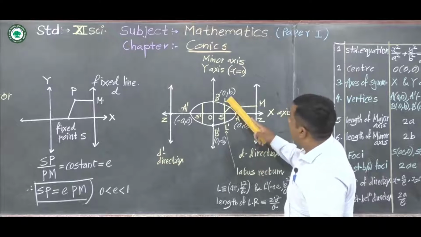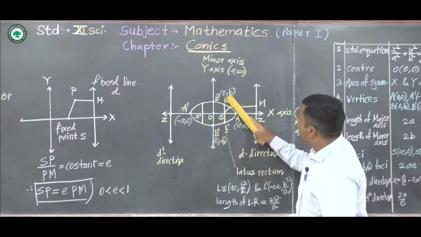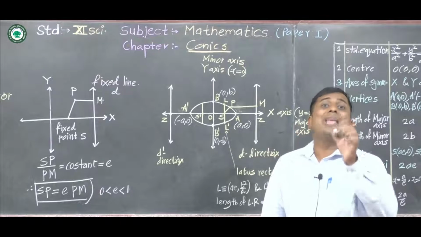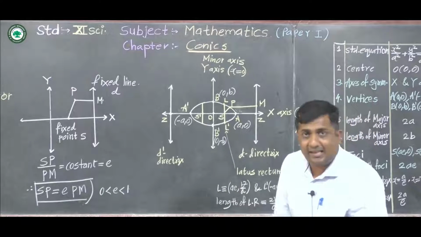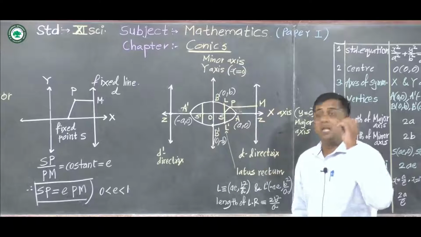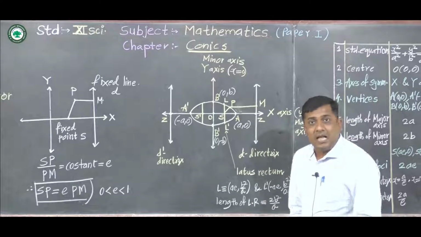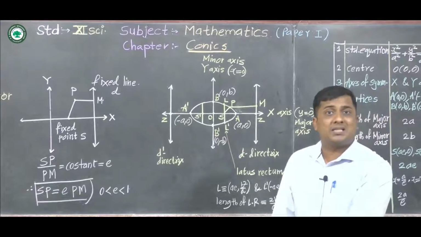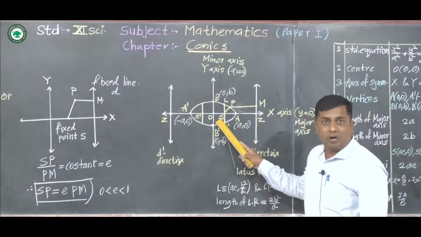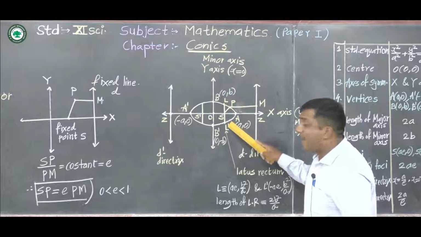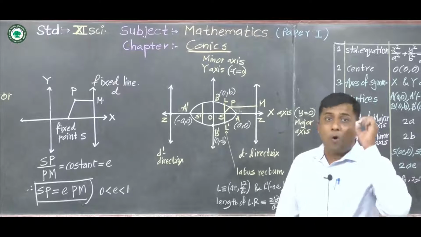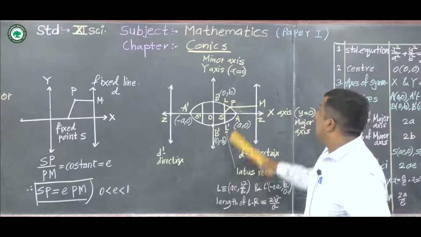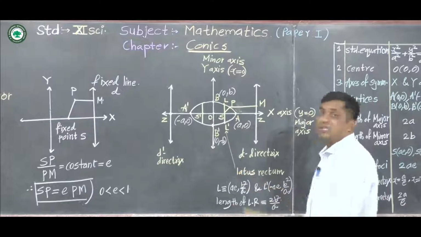Then we consider one chord, L dash, which is perpendicular to the major axis, that is, perpendicular to the x-axis, and passes through S, that is, through the focus. Since this chord passes through the focus and is perpendicular to the major axis, it is called the latus rectum.